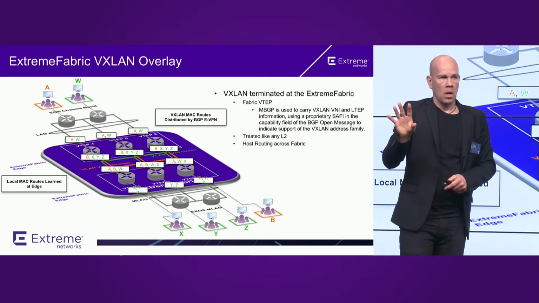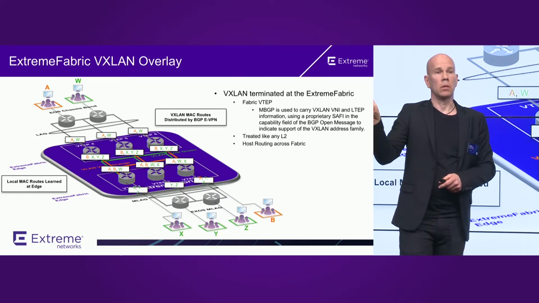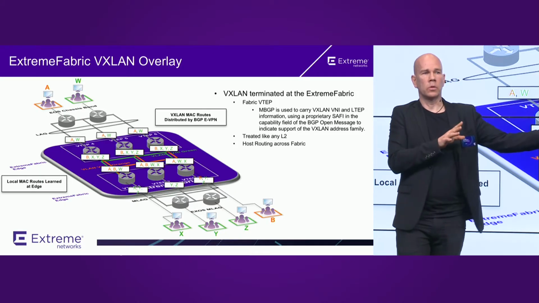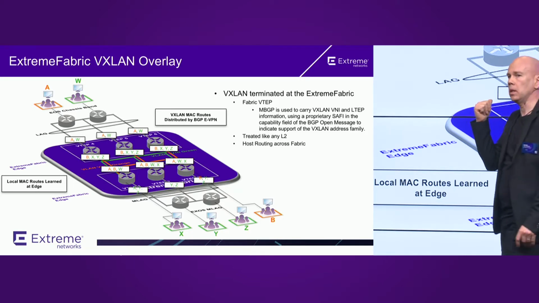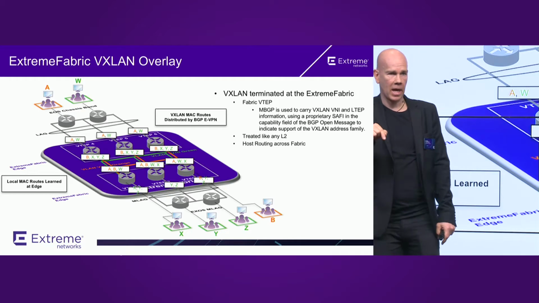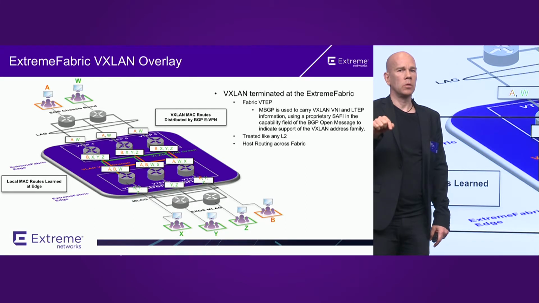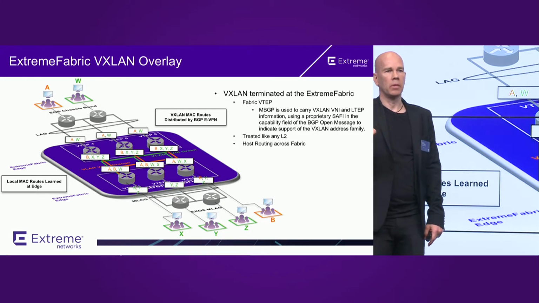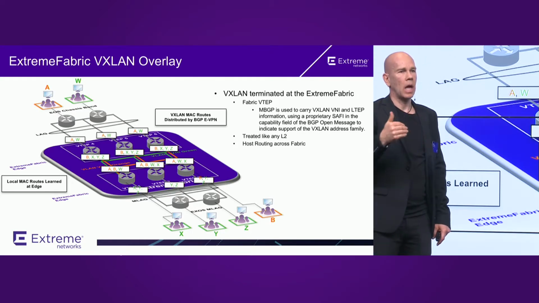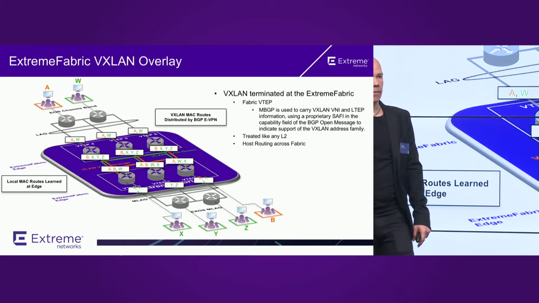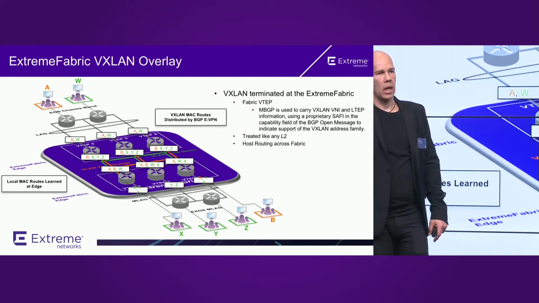Now, as I have been stating here, ExtremeFabric is based on what? BGP, right? So if I walk you through that, today we do the VXLAN with OSPF in EXOS. If this is BGP, that means that we need to use MBGP to be able to propagate the VNI and VTEP information in the BGP open message, basically as a capabilities attribute, defining an AFI and a SAFI, so an address format and a sub-address format, for the transport of the VXLAN.